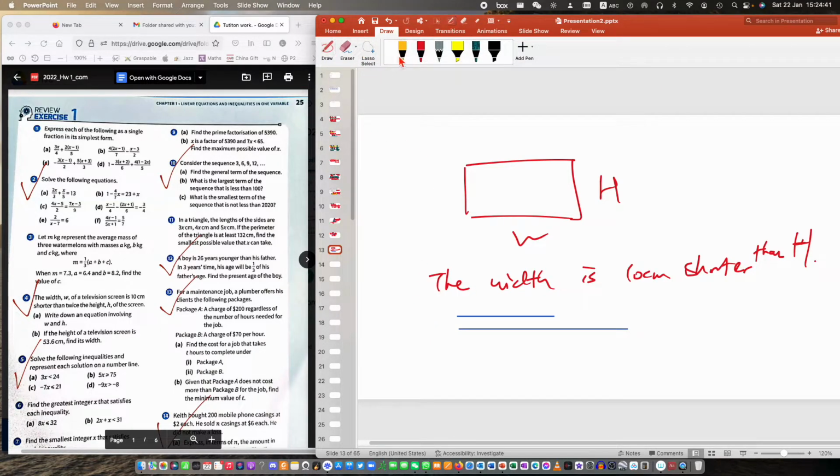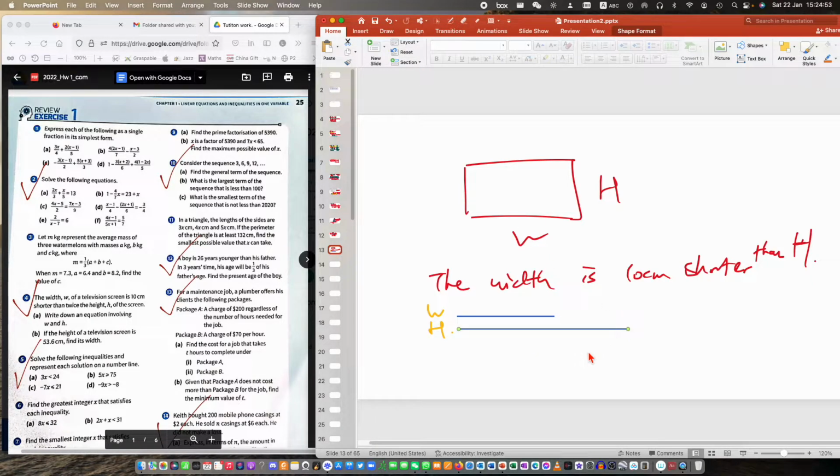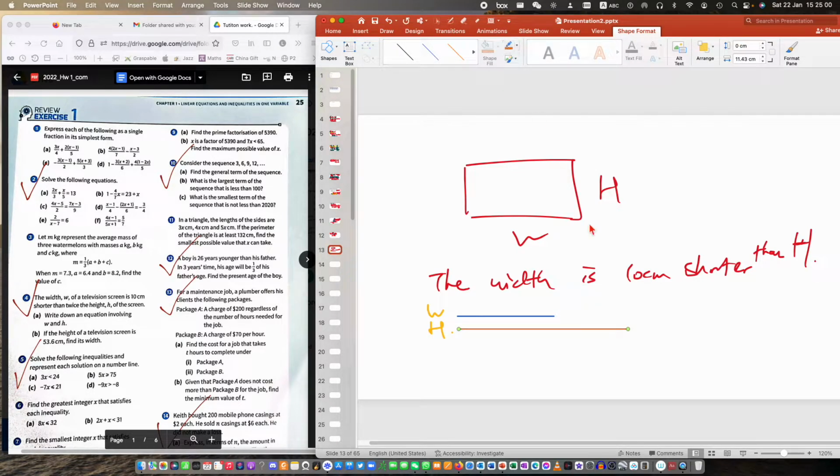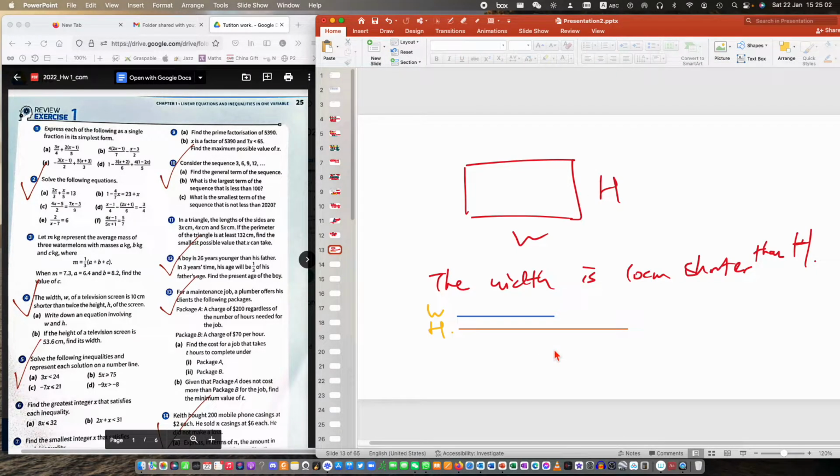Okay, number one, let me ask myself, does this diagram make sense or not? The width is 10 cm shorter than H. So is my width shorter than H or not? Yeah. Okay, good. So that means this diagram makes sense. After that, shorter by how much? 10 cm. So that means this part is 10 cm, right?